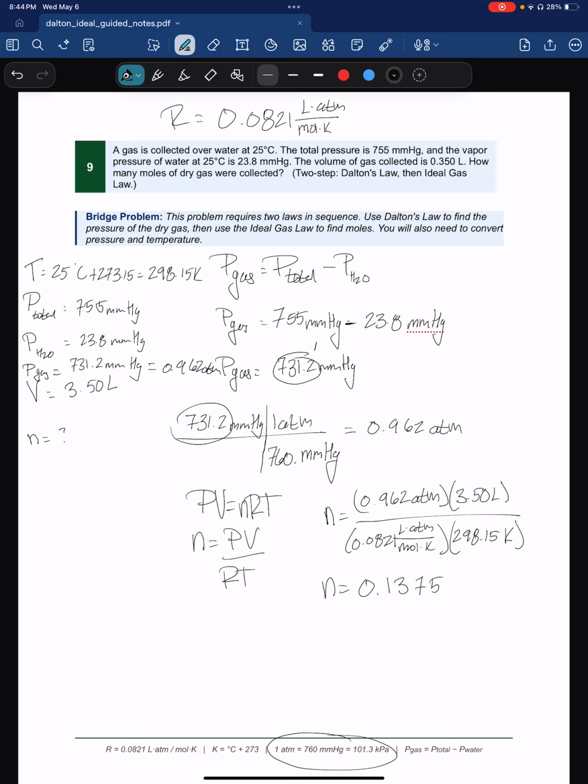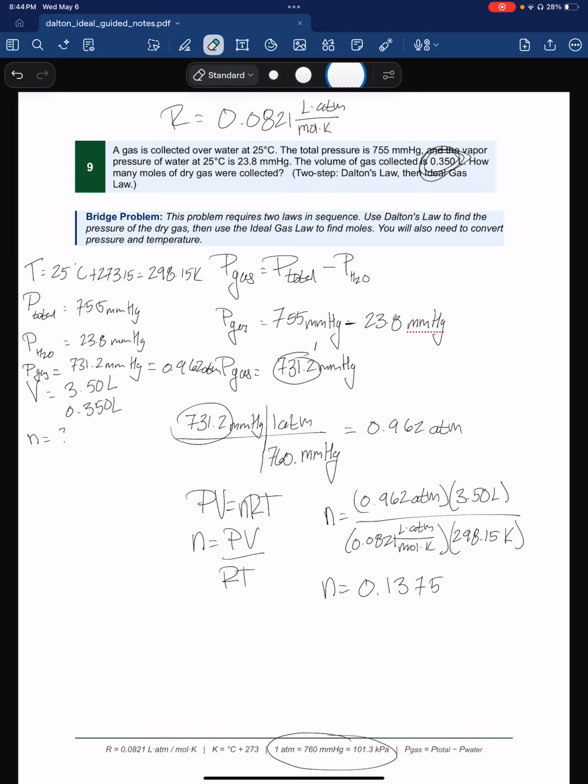Oh, I know what I did wrong. Haha. This guy right up here. It's not 3.50 liters, it's 0.350 liters. Now, I know that if I were there in person, you guys totally would have picked that out earlier. Okay, that's only going to change my answer here.